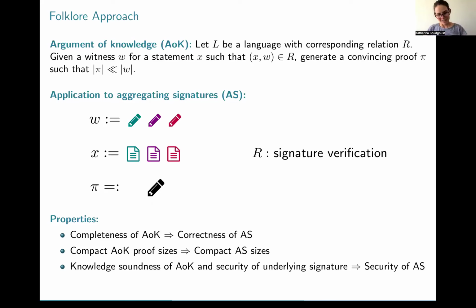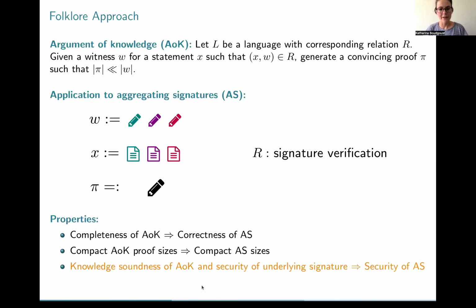And then I guess the folklore intuition was that if your argument of knowledge is knowledge sound and your underlying signature scheme is secure, then your aggregate signature scheme will also be secure. And I will not give details of how we do the proof exactly. I just want to say this is really where the folklore approach was a bit vague and it's actually not true in general.